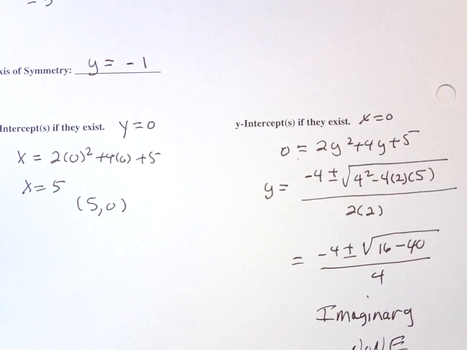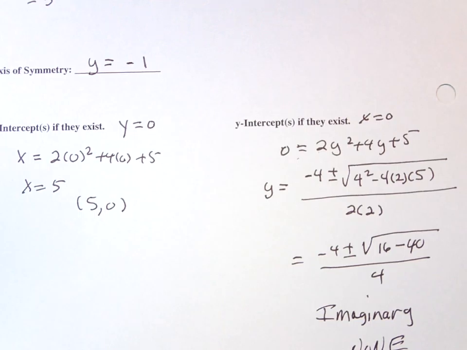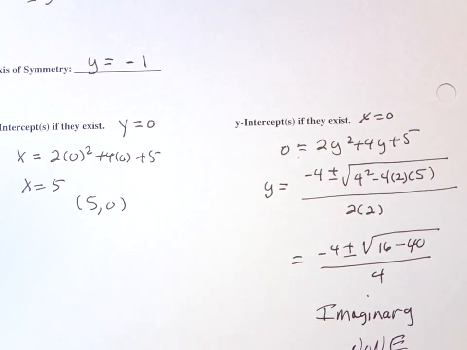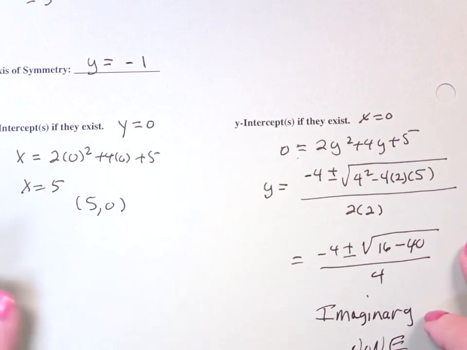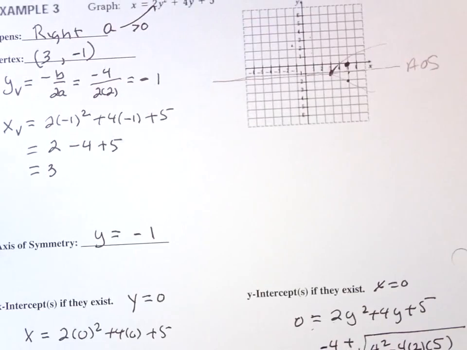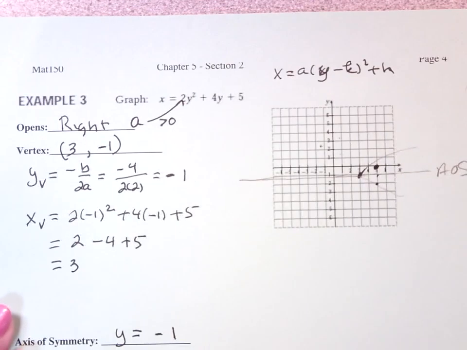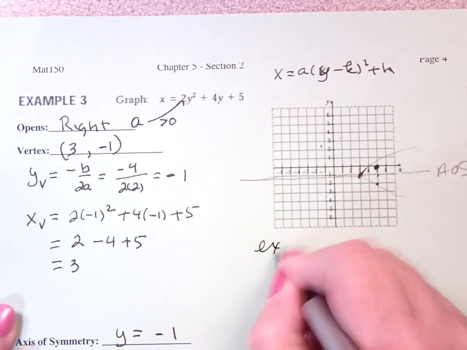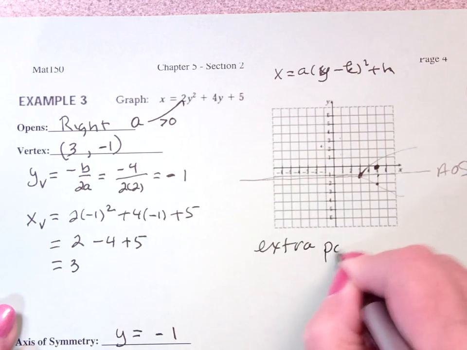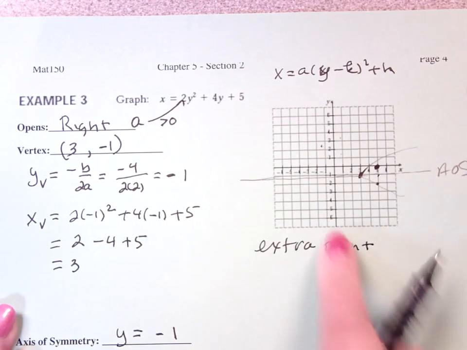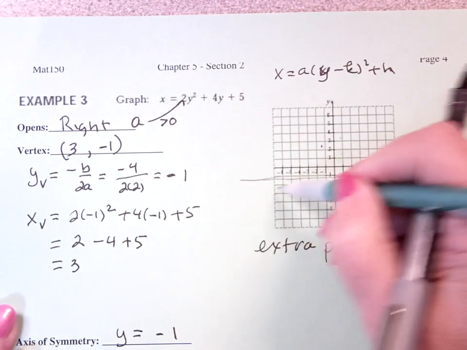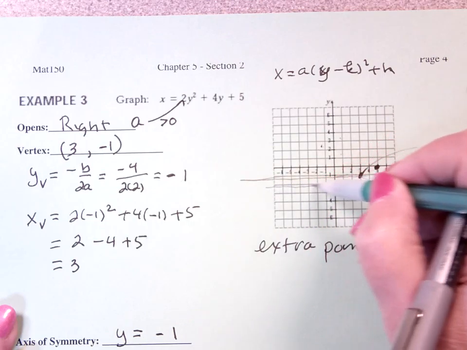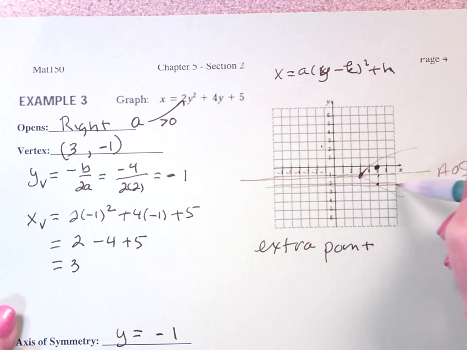That means we need an additional point. And this would be unpleasant. Well, not necessarily, because we can put in y and get out x. So we can pick our y value. So I need an extra point. And the reason why this works out so well is all I would need to do is put in a point.